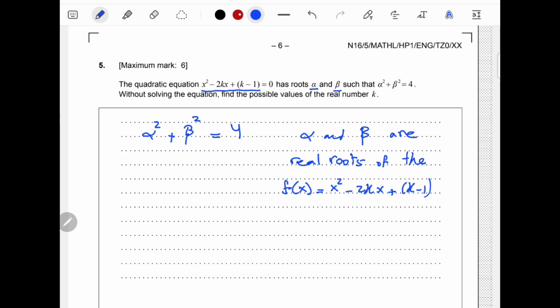Now we know that the general formula of a quadratic function is given by ax squared plus bx plus c.